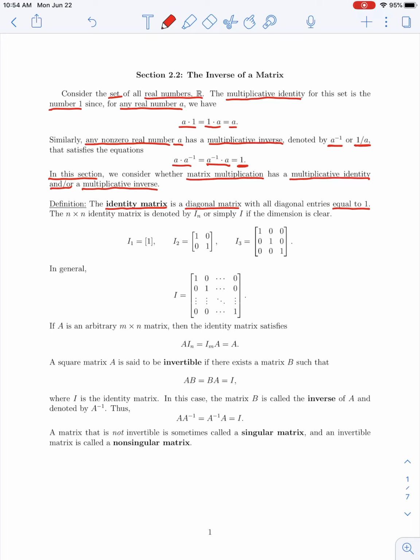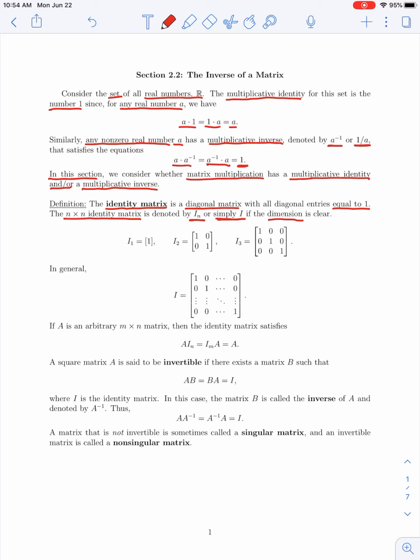So when we are referring to specifically the n by n identity matrix, that would be the matrix which we would denote as I sub n. The subscript here, n, denotes the number of rows and columns. Or sometimes we simply use I if the dimension is clear from the context.